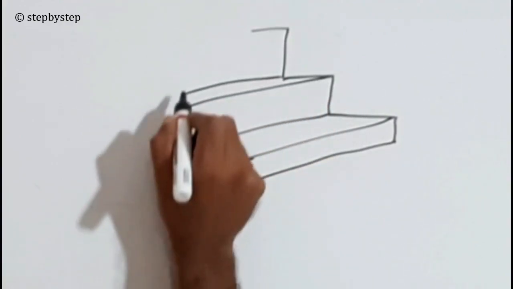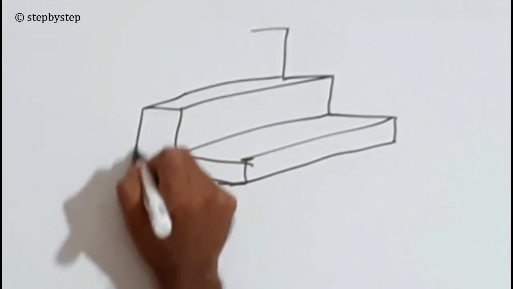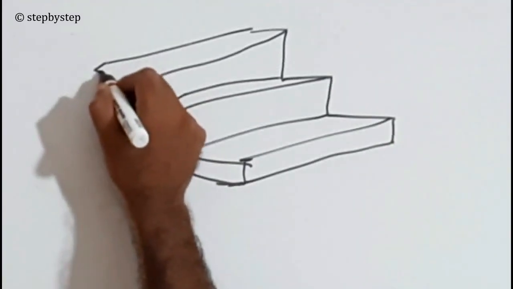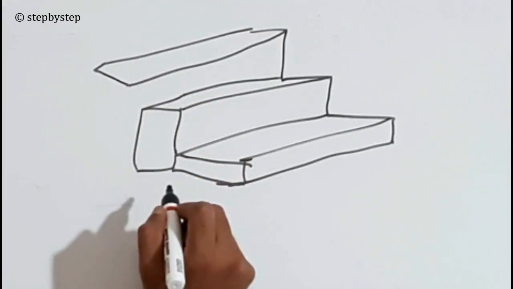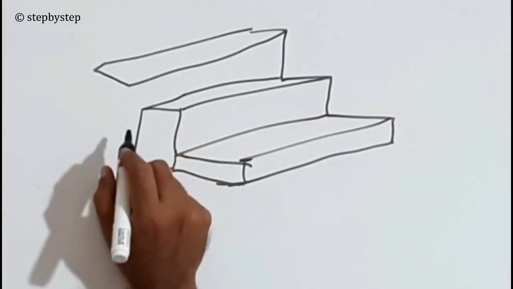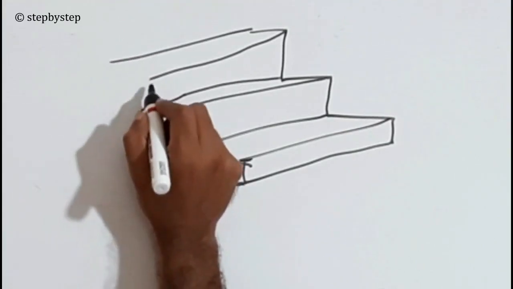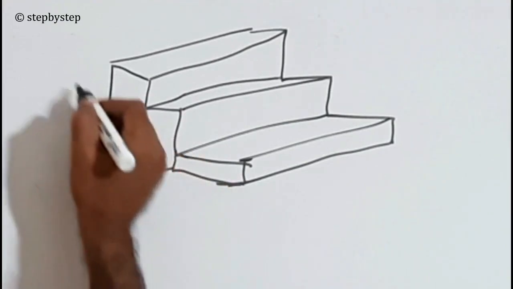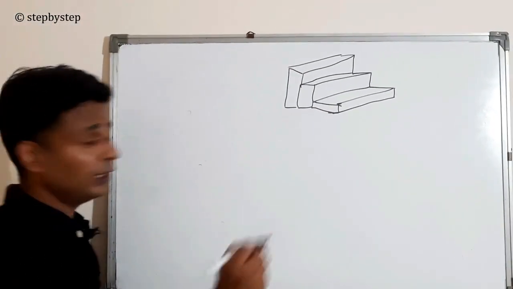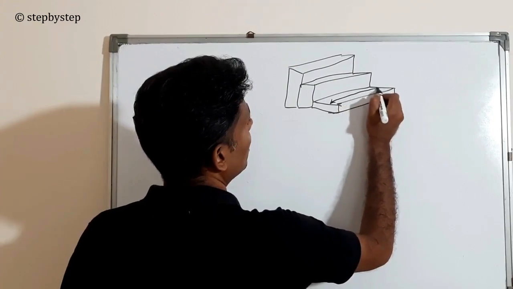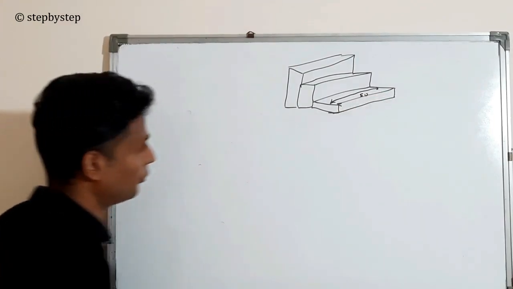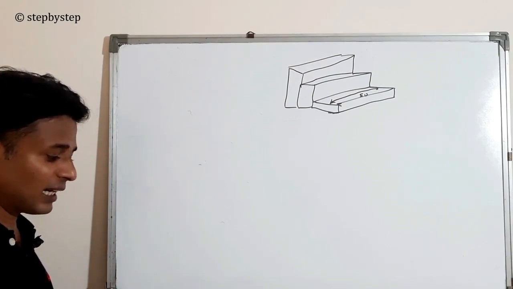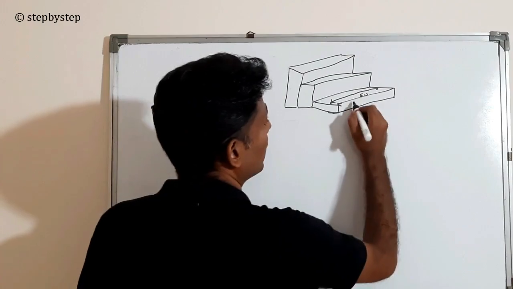So a little bit of my artwork. I guess I've done it correctly. So here, here and here. So there are 15 such steps, each of which is 50 meters long. So the length is 50. Each step has a rise of 1/4 meter.